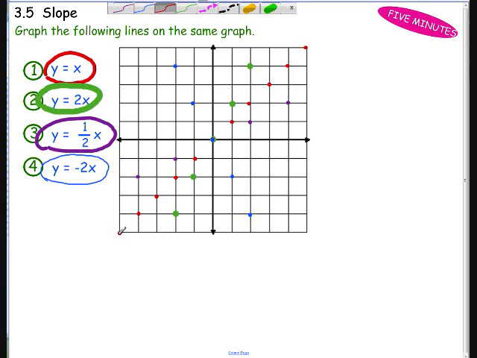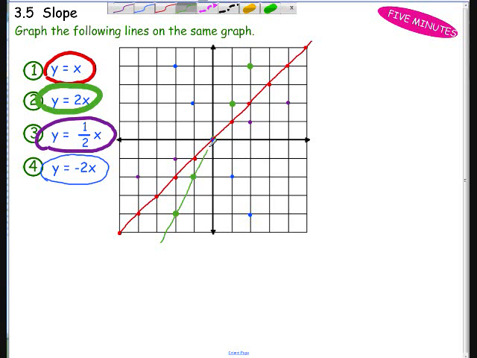All right, so let's draw the line here for the first one we did. I like to refer to this one as my parent graph because it's the very simplest linear function you could have. The next one is a modification on that parent graph, and is it evident to you what that modification is?